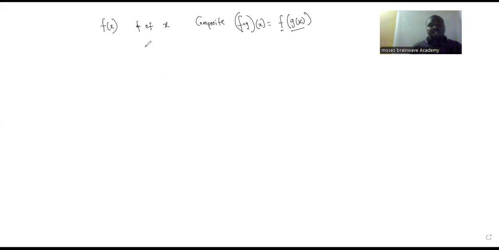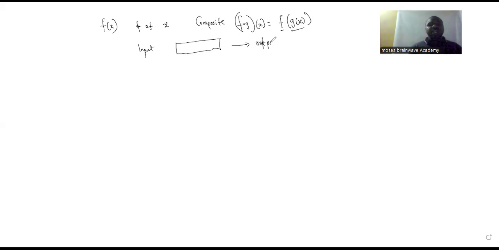Now, remember, when we're talking about function, you have the input, which normally we call the element in the domain. Then you pass it through the function, then you obtain your output.